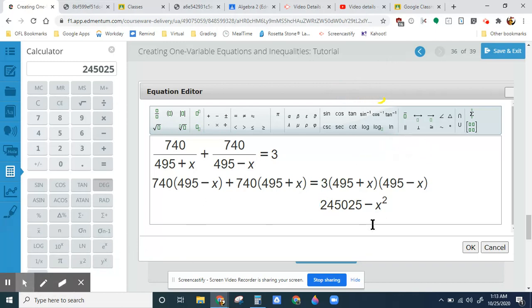The scrumming part too, guys, is this is still not done on this side because we still have to multiply this 3 over. So there's still quite a bit of work here. Give me a second. One beauty is this 745 is going to cancel out with the x at least, because this is going to be negative 745x.